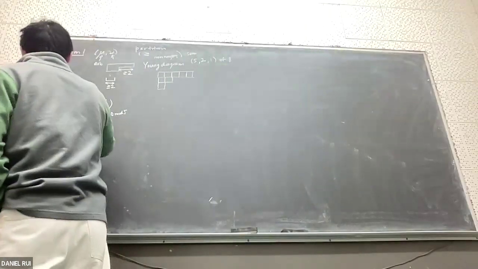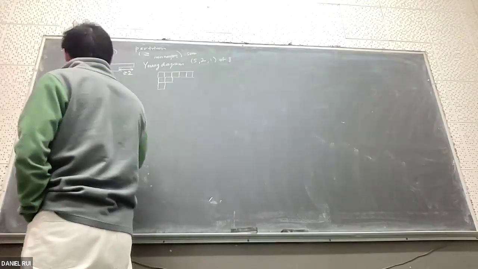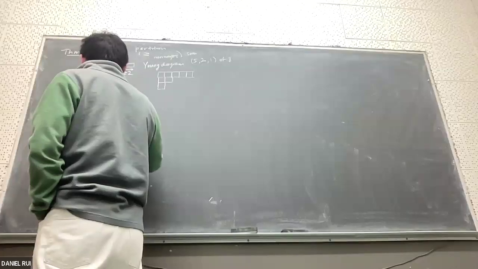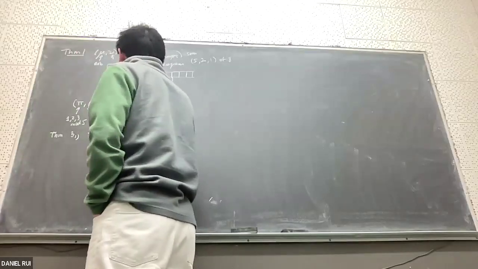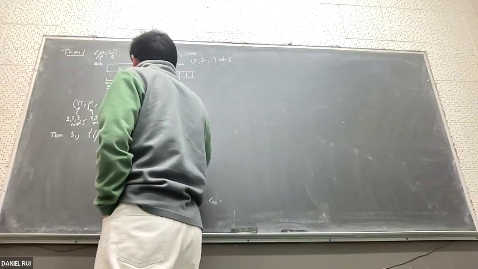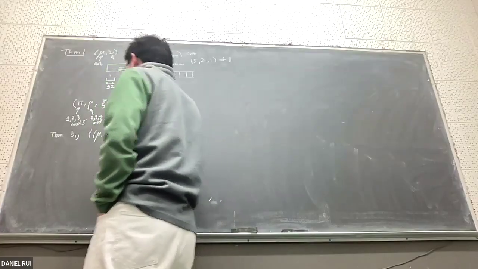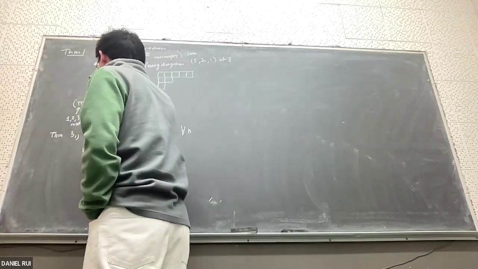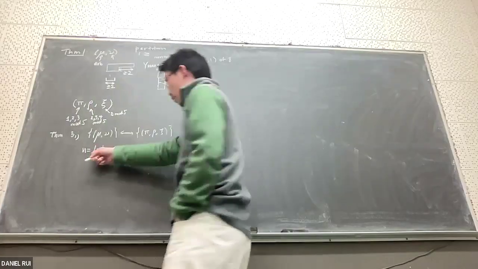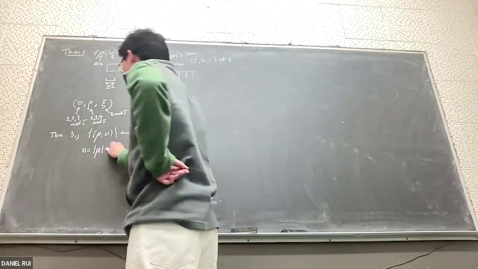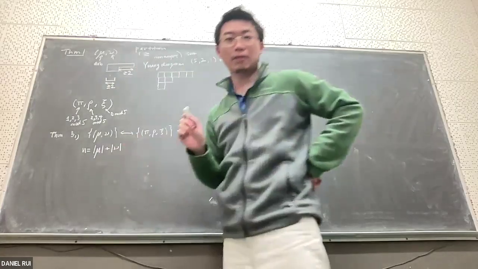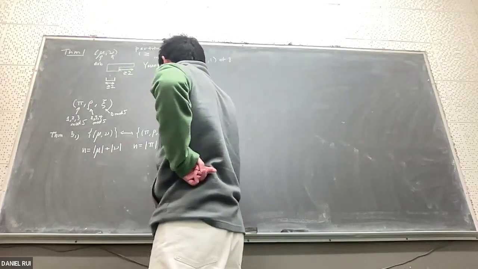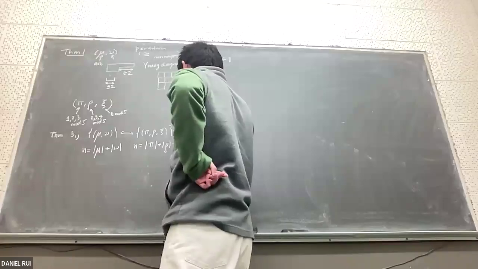So the theorem is that there is a bijection between the set of such mu's and nu's and the set of such pi's, rho's, and c's, such that for all n, where n is equal to the total sum of mu plus the total sum of nu, and n is equal to the total sum of pi, the total sum of rho, and the total sum of c.